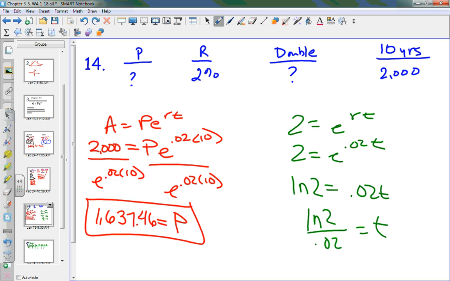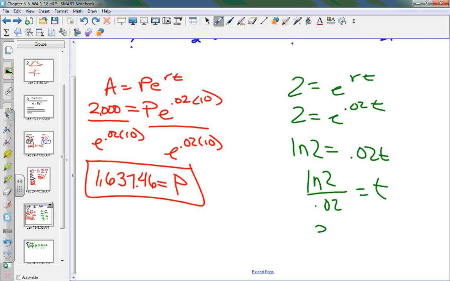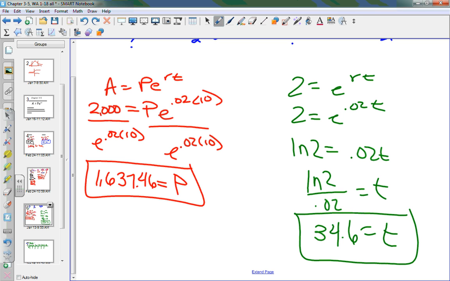And how long does it take to double my money? 34.6. That's depressing. That's extremely depressing. Do we understand that? 34.6 years. So not time to $4,000 time. Well, 32 pounds. But your initial was 16.